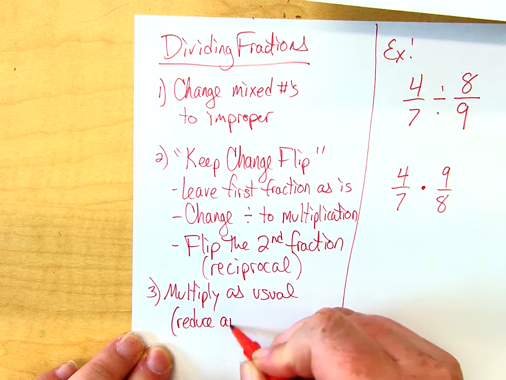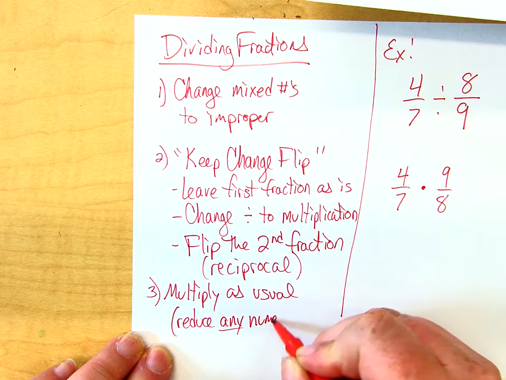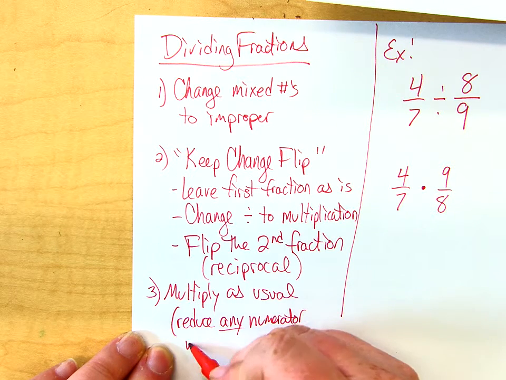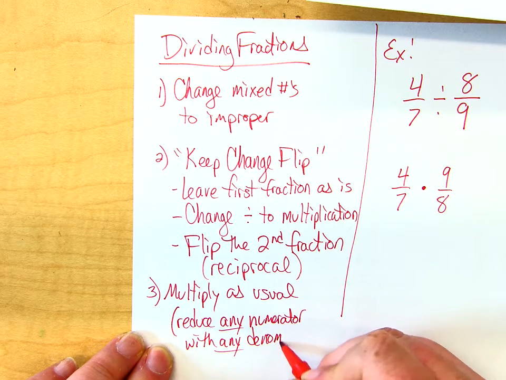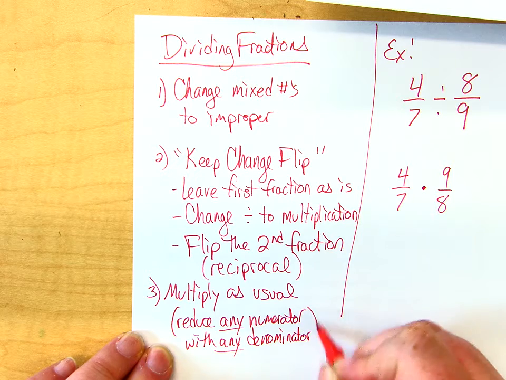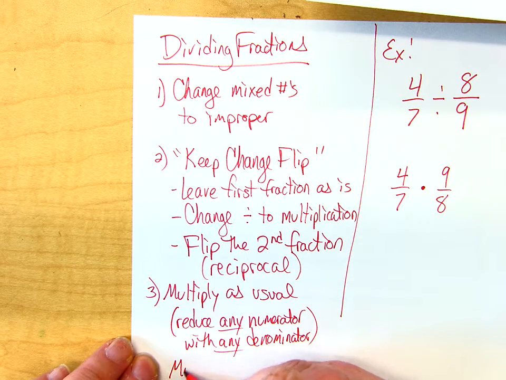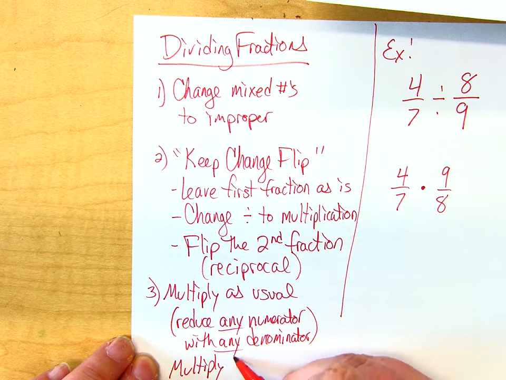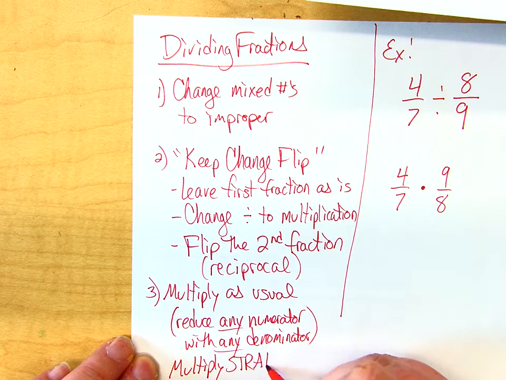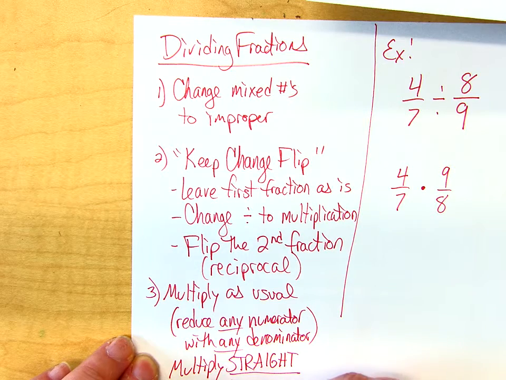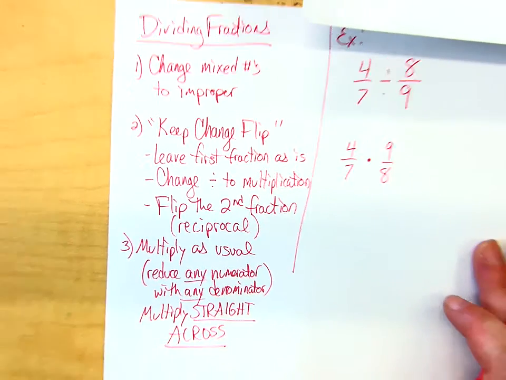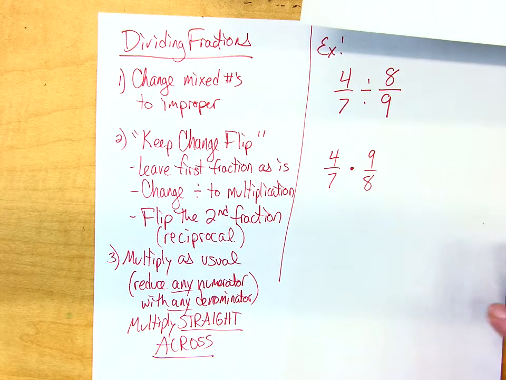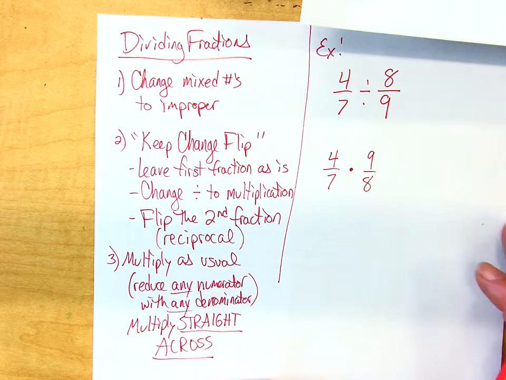Reduce any numerator with any denominator and then multiply straight across. Okay, so just in case you forgot how to multiply between yesterday and today, now you have it there again.